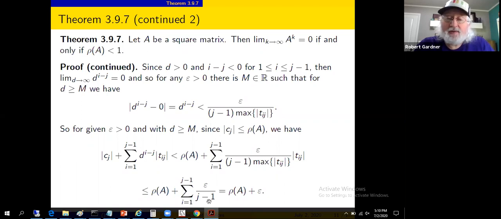There's no i's there, so it's epsilon divided by j minus 1 plus epsilon divided by j minus 1 plus, j minus 1 times. The j minus 1's cancel to leave us with the spectral radius of A plus epsilon. All right, so we've got this quantity bounded above, strictly, I suppose, by the spectral radius of A plus epsilon. Remember where we're going.